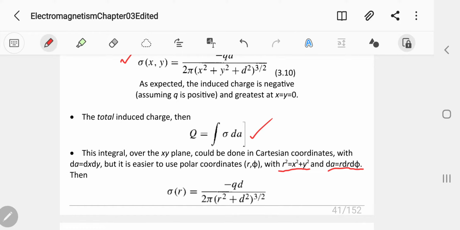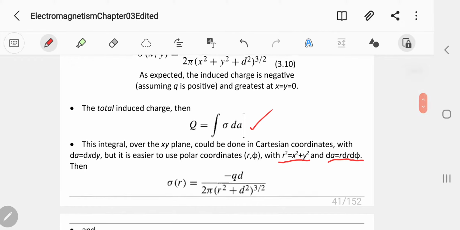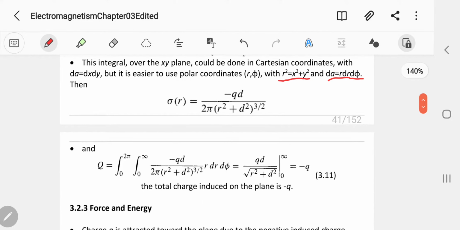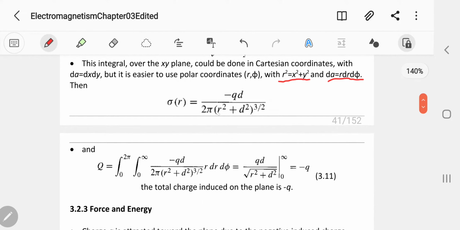Of course, you can do it also by x and y, but it's more lengthy and a little complicated compared to polar coordinates. So you can replace x squared plus y squared with r squared, and then you can replace dA with r dr d phi.